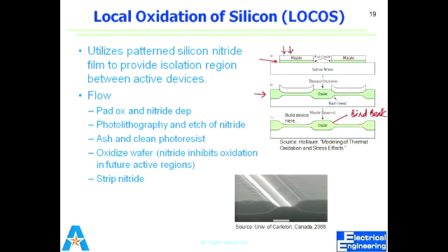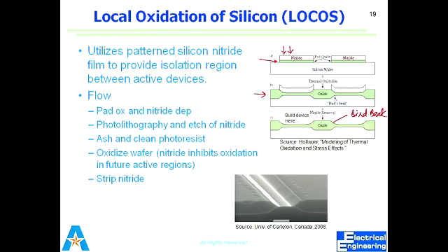This is actually the important slide that I need to discuss. You may have heard about LOCOS, that is local oxidation of silicon. That is very important in the case of MOSFETs. You know that this is the field oxide and these are the active areas. This is how your MOSFET looks.